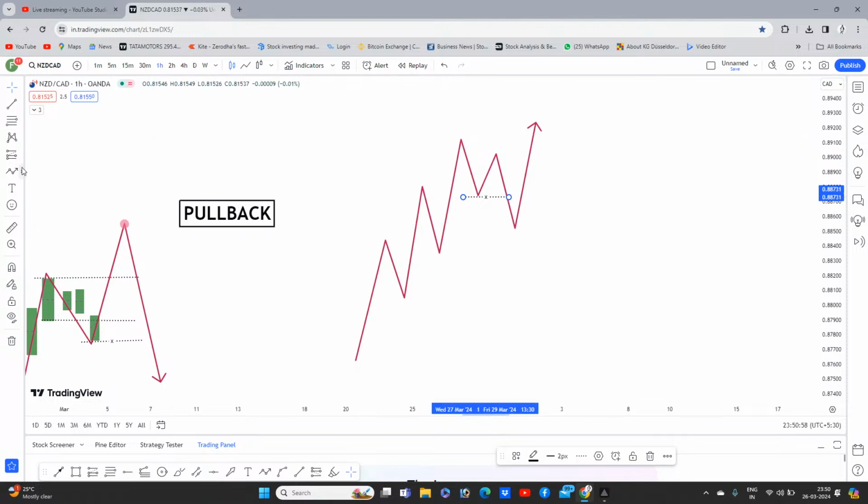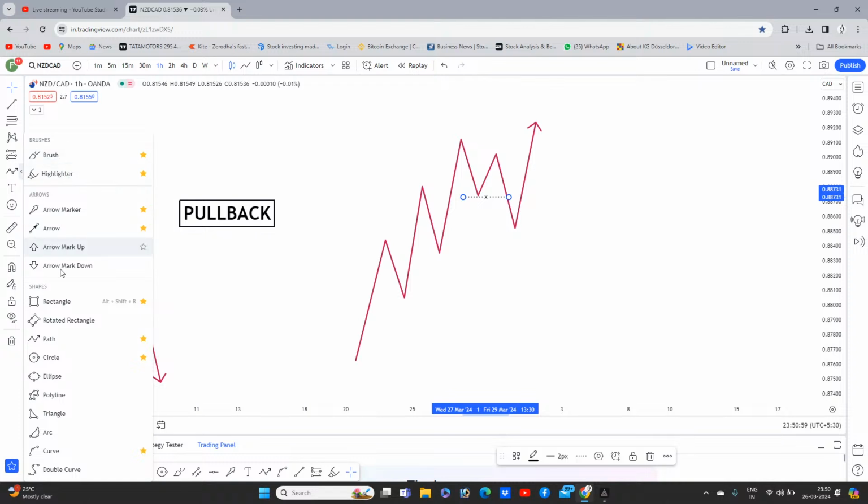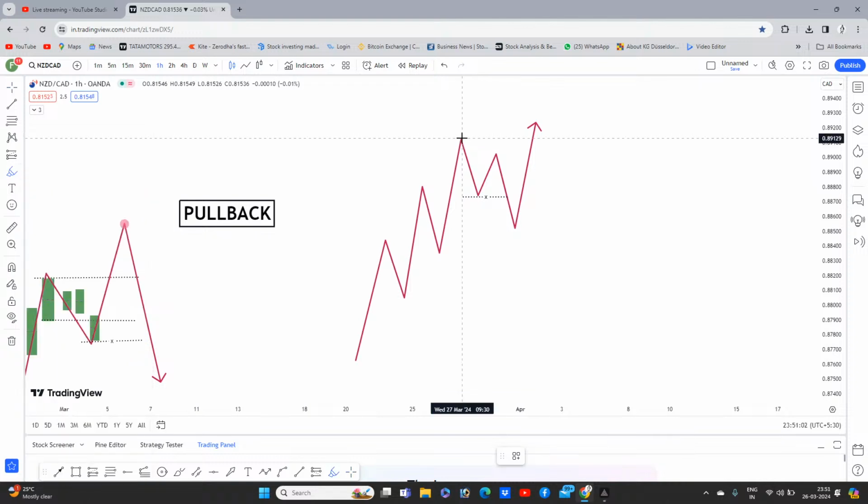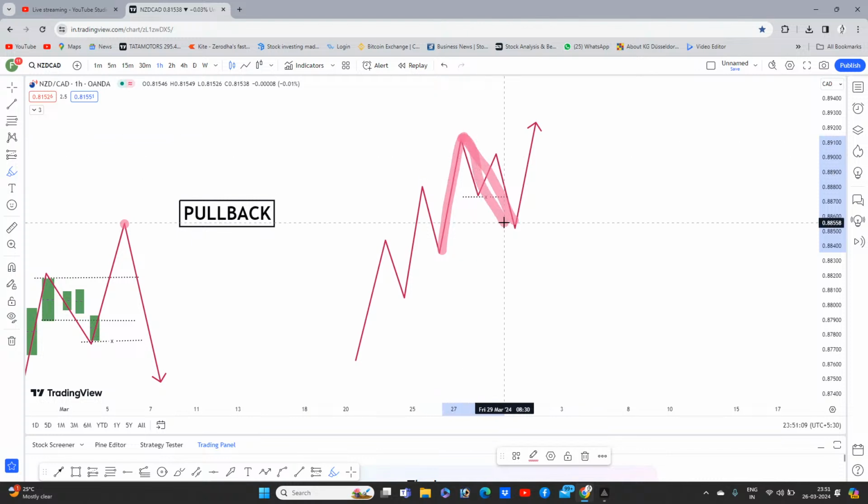According to the smart money concept, this is a single move, right? That means the market is moving like this. Why?